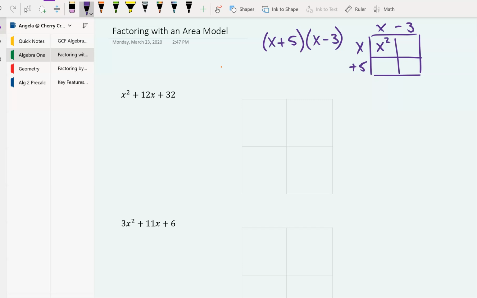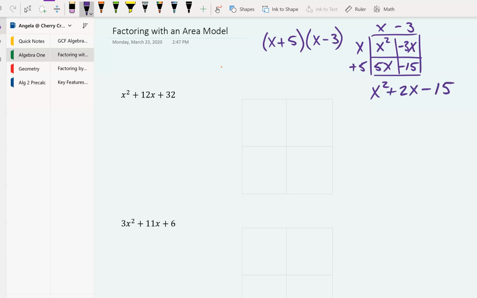The x times the x is x squared. Negative 3x is here. X times 5 is 5x, and 5 times my negative 3 is negative 15. So as you combine like terms, your final answer for your multiplication problem is x squared plus 2x minus 15.